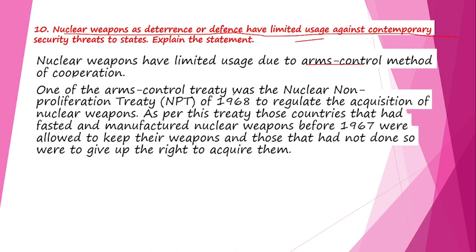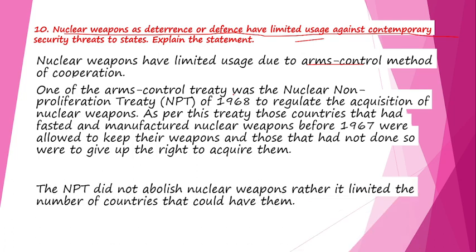As per this treaty, those countries that had manufactured nuclear weapons before 1967 were allowed to keep their weapons, and those that had not done so were to give up the right to acquire them. Generally, the statement means that those countries that made nuclear weapons before 1967 are allowed to keep their weapons, and those that did not have to give up the right to acquire them.